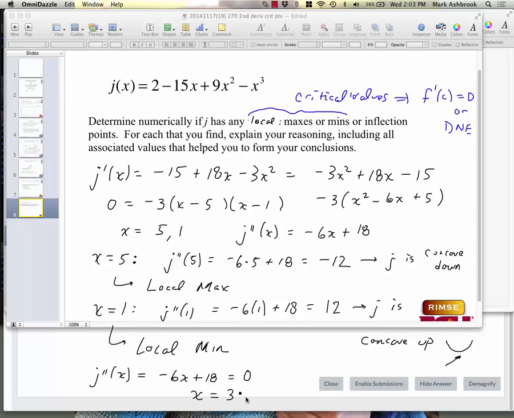So at x equals 3, we have an inflection point. Meaning what? How is this talking about the first derivative? The first derivative is pausing for a moment. So it's either changing from increasing to decreasing or decreasing to increasing. It's pausing, the first derivative.